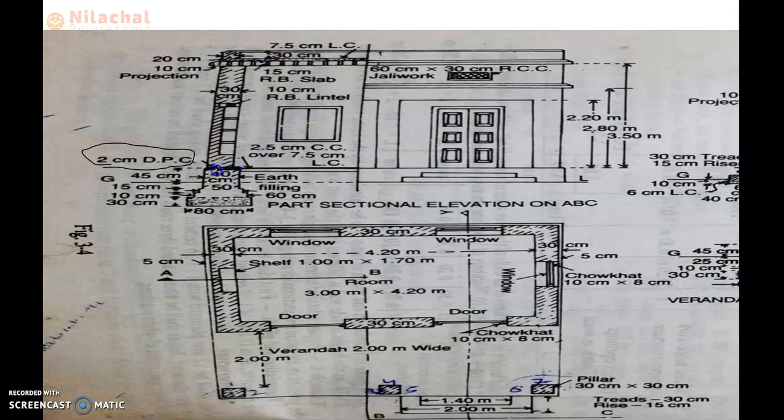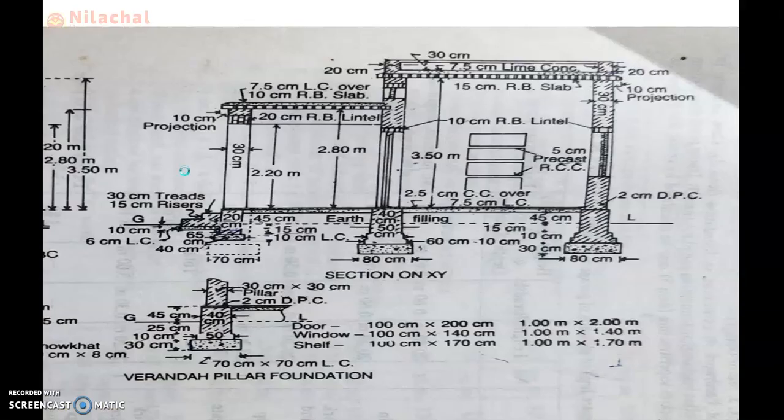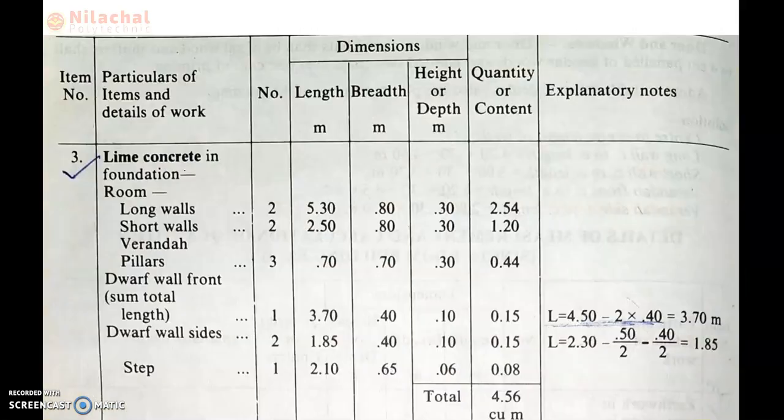So the plinth wall and DPC are equal. The DPC provided for the plinth wall is 2 centimeter thick and the breadth is 40 centimeter.